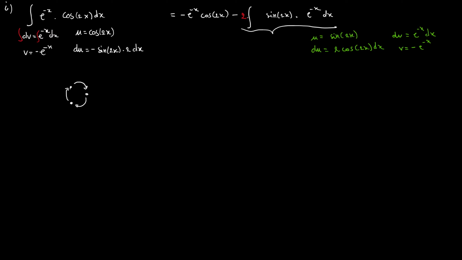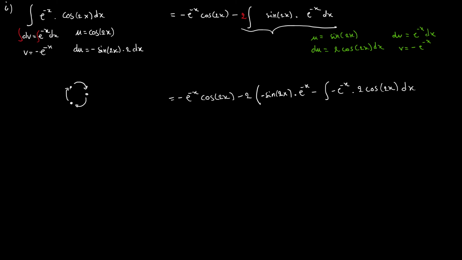Okay, let's fill that in, and here be careful to carry that too, so let's write it over here, and we find that minus e to the power of negative x times cosinus 2x minus 2 times, open brackets, u times v, so sinus 2x times minus e to the power of negative x, minus the integral of minus e to the power of negative x times 2 times cosinus 2x dx.